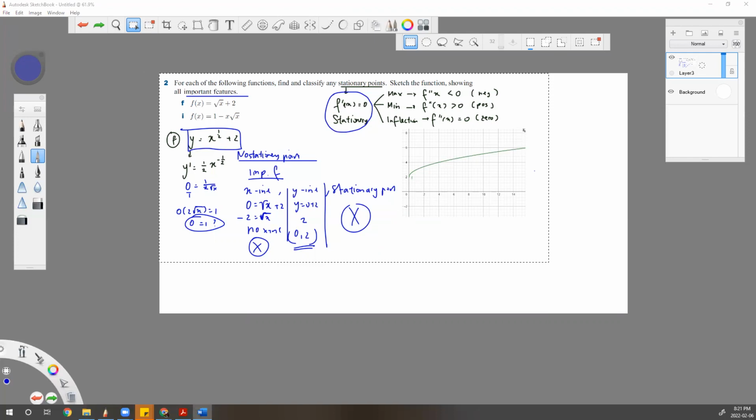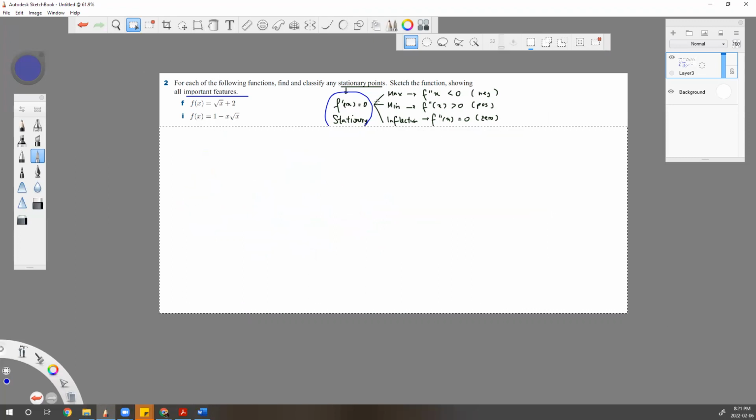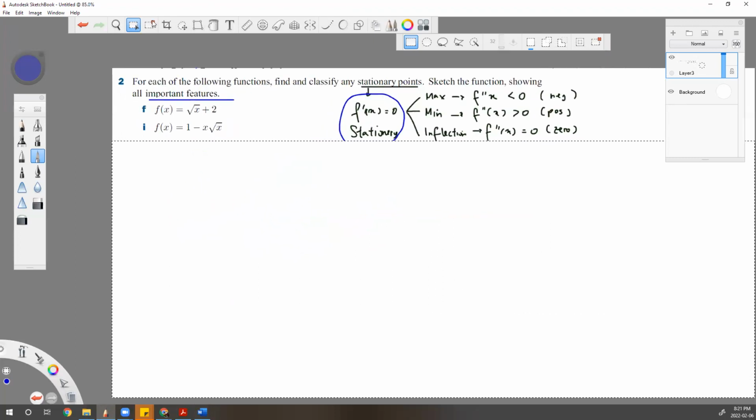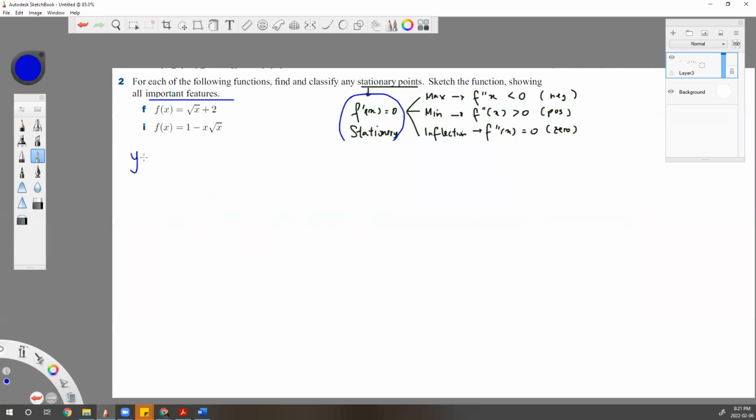I don't want to delete the working on top. What we need to do is try to calculate f(x) equals y, part I. y equals 1 minus x times x power half. I make it simple: 1 minus x power 3 over 2, right?